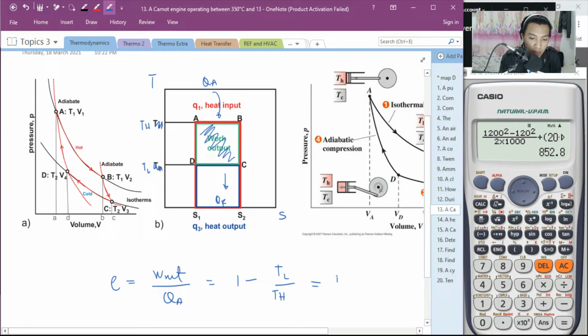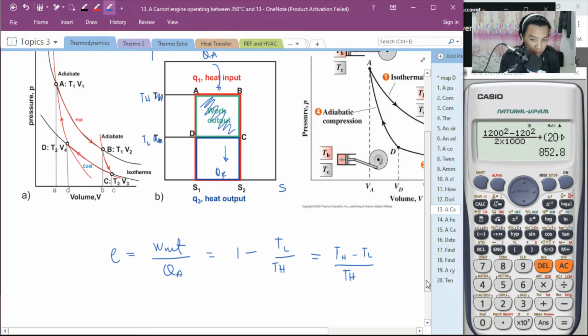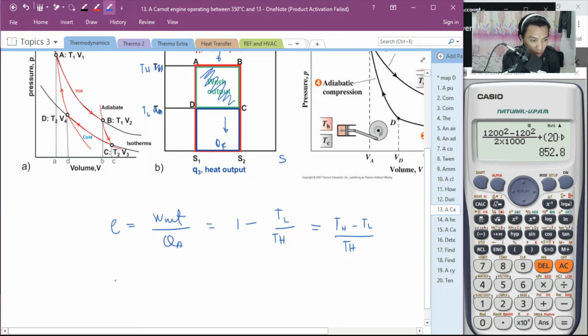And then this is equal to TH minus TL divided by TH. Pwede mo ring basihan dyan, ito, yung equal sa TH minus TL over TH.